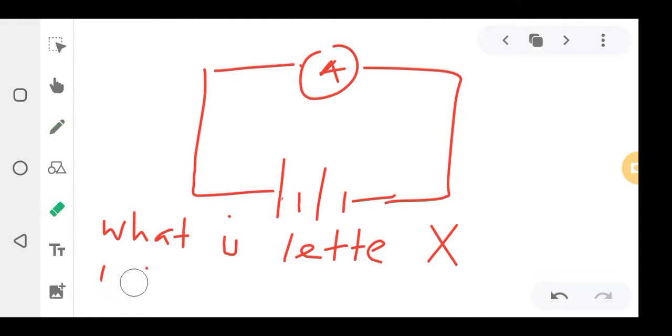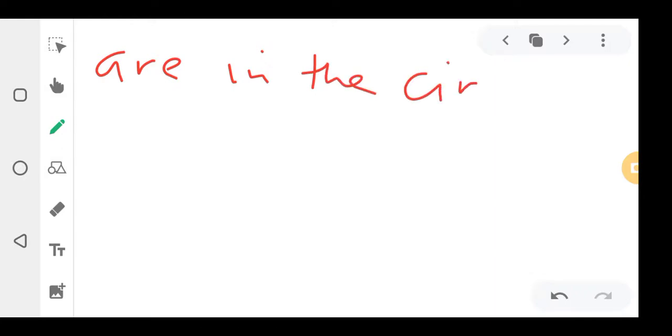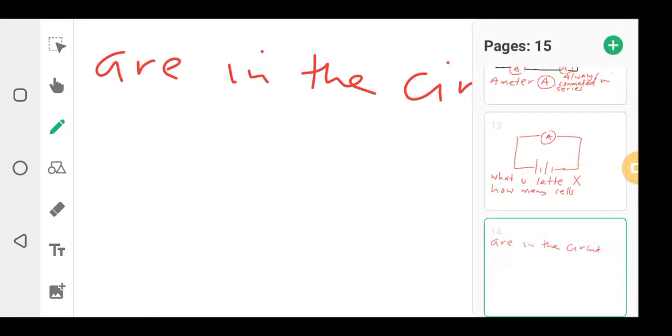That's the first question. The second question can be, how many cells are in the circuit?